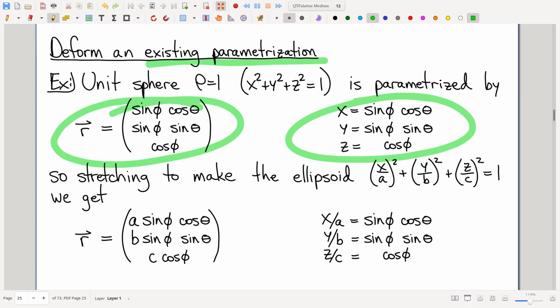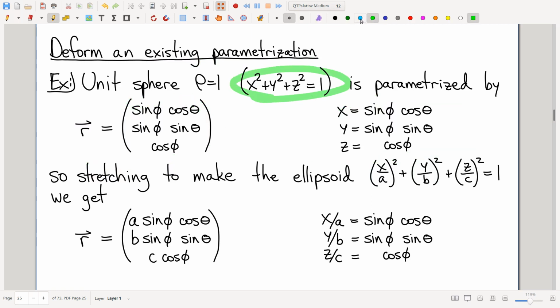And the question is, instead of that, what if I want to parameterize that? Right now, the sphere was easy because I can immediately write down the spherical equation. It's the world's easiest spherical equation.